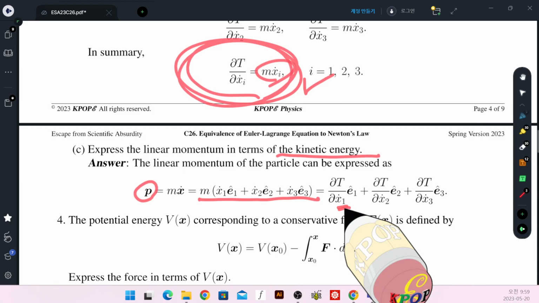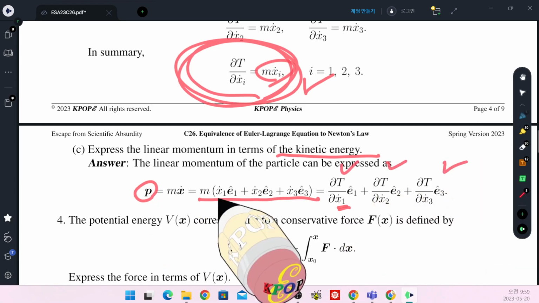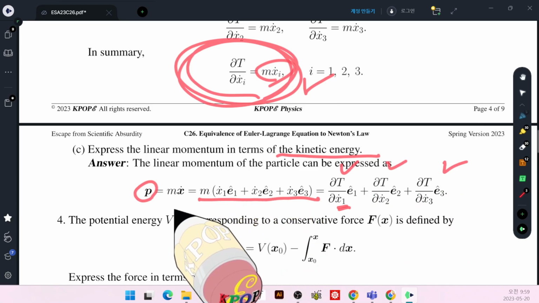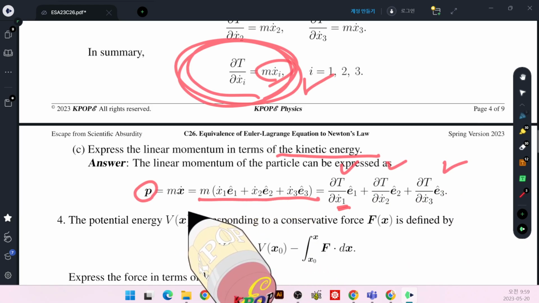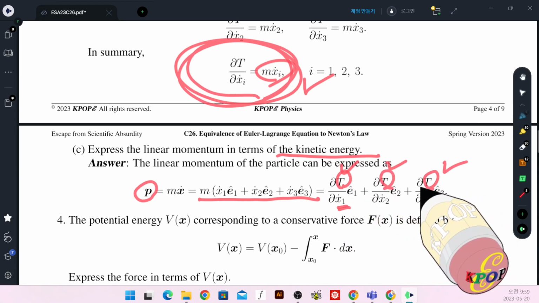As a result, all of these three different vector components can be obtained directly from a single scalar function that is called kinetic energy.